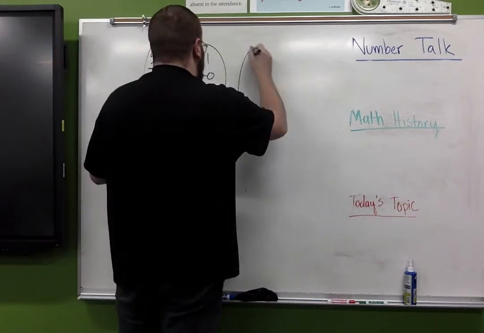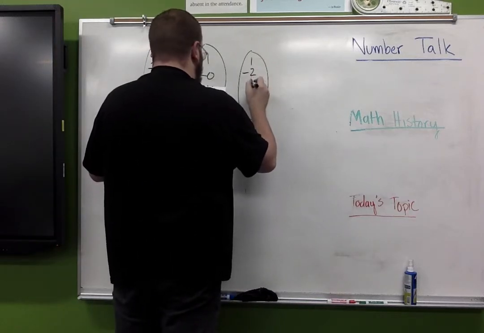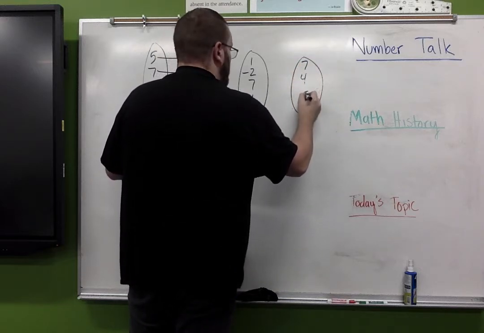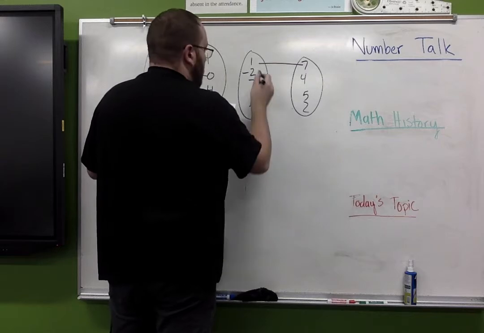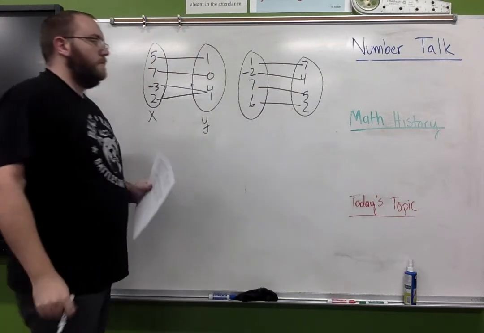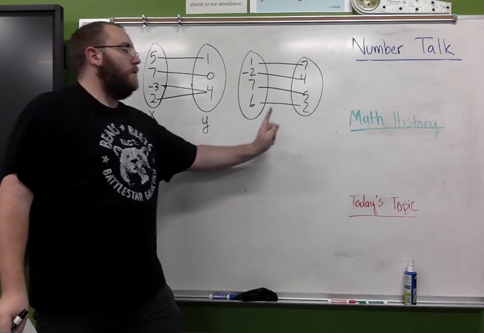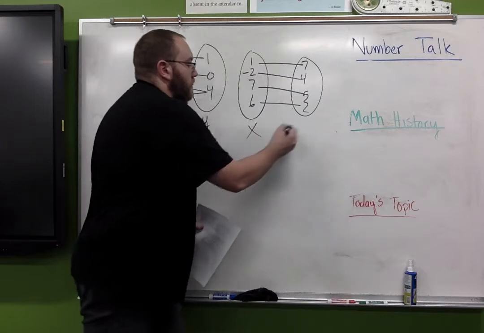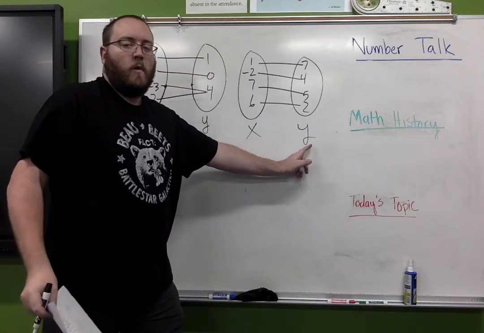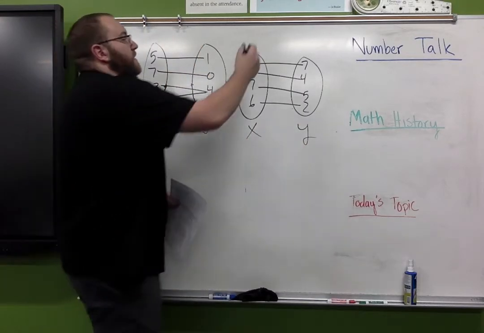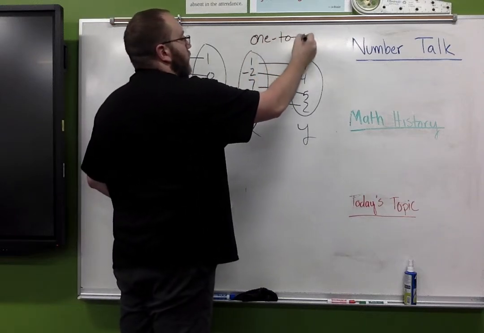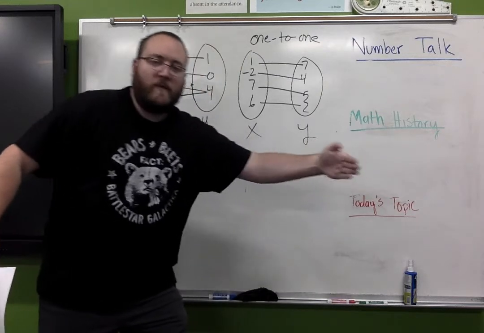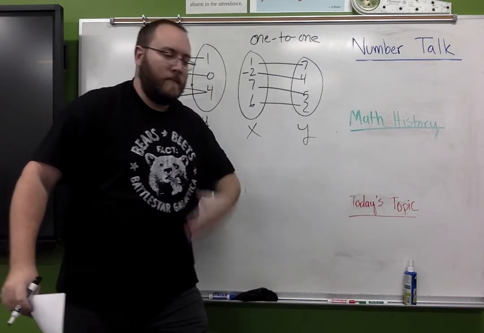But if we do this, every single x value has only one corresponding y, and every y value has only one corresponding x value. This is 1 to 1, hence the name. One x value to one y value, one y value to one x value. 1 to 1.